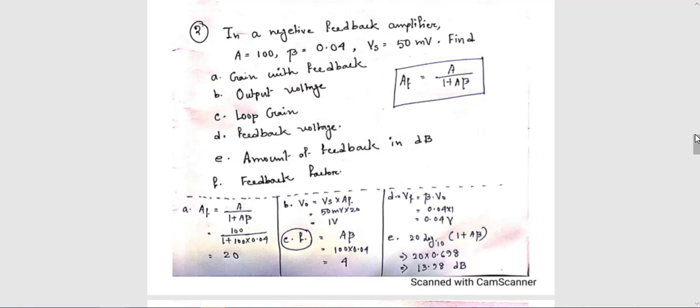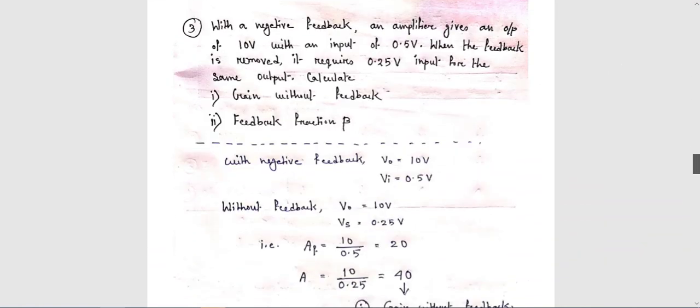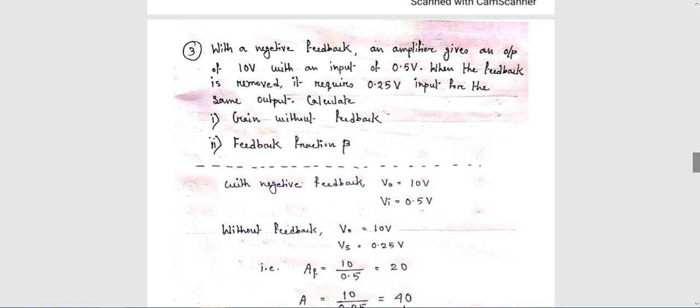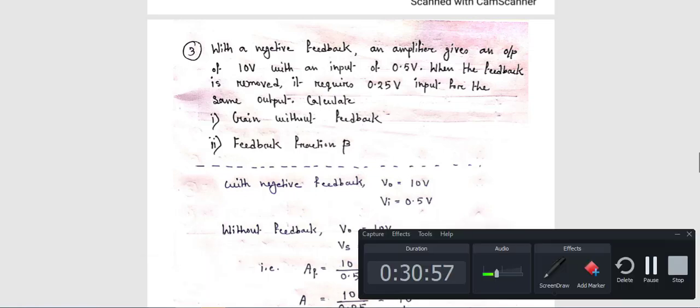Okay. Next, come to the next problem. Again this is another numerical, with a negative feedback. Your question: with a negative feedback, an amplifier gives an output of 10 volt with an input of 0.5 volt. Again I am saying, when you get any numerical problem, first check which values are given to you.